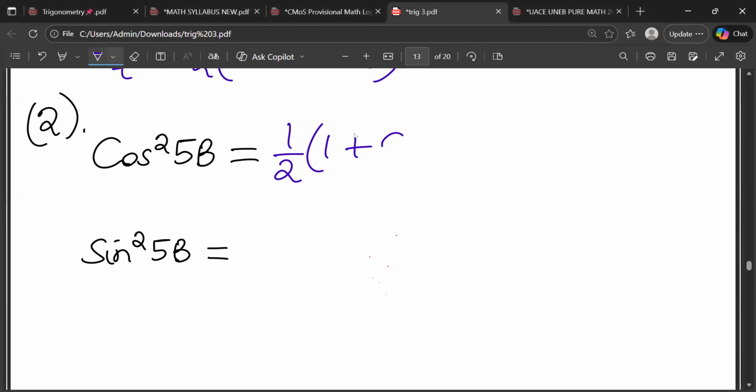Plus cos of 5 over 2. Are you sure? Hey, you see you have forgotten. Are you sure it's 5 over 2? No, teacher, we double the angle. It's double the angle, 10. It's 10b.